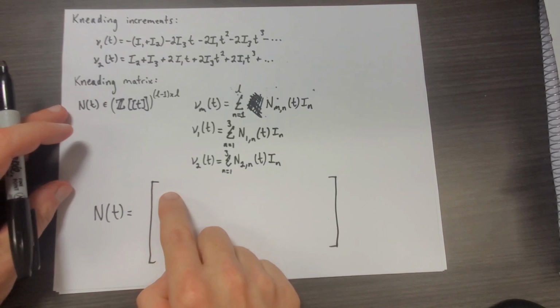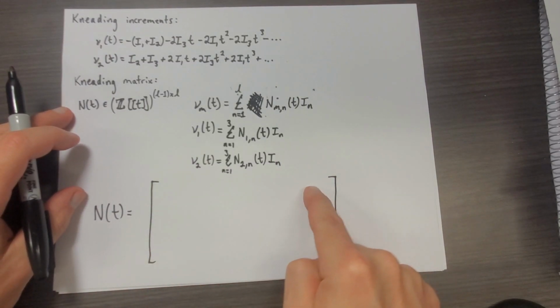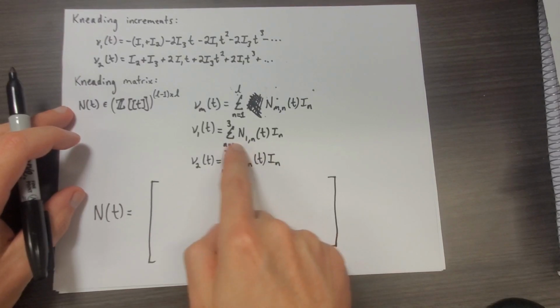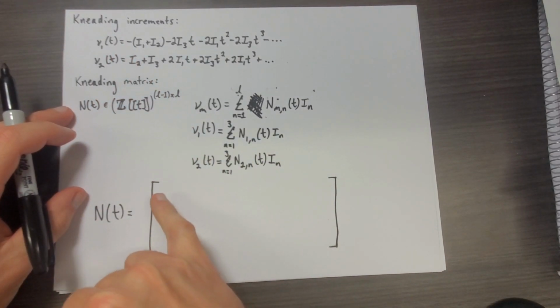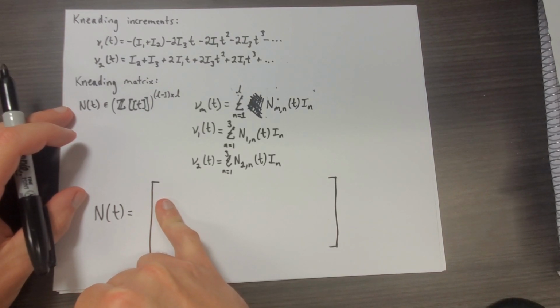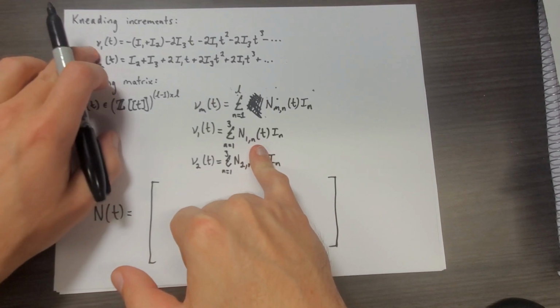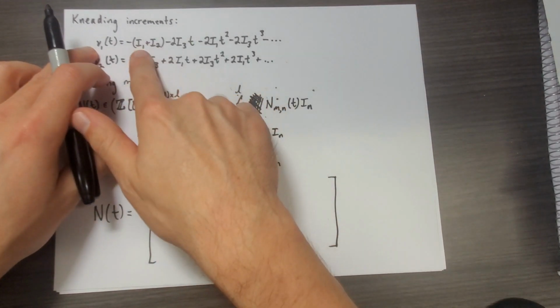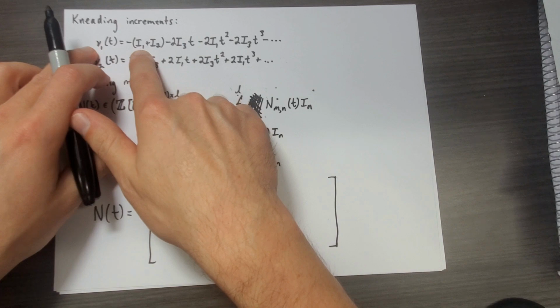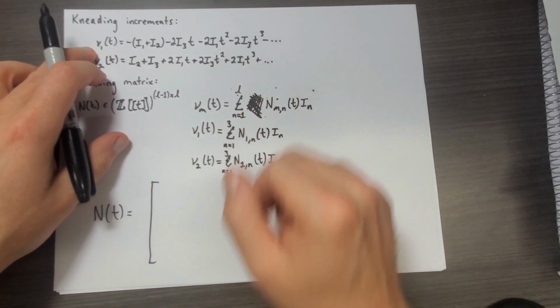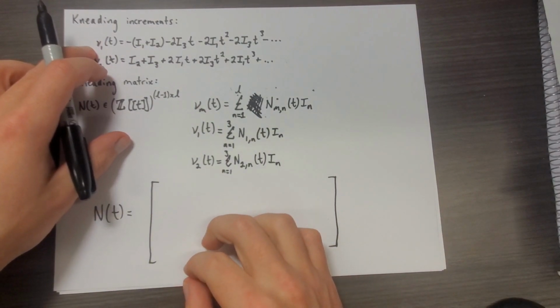So the first row is going to correspond to nu 1, right? So to figure out what the first entry in the first row is, I need to look at n being 1. So I need to look at nu 1, and then furthermore I need to figure out where does I1 occur in there.